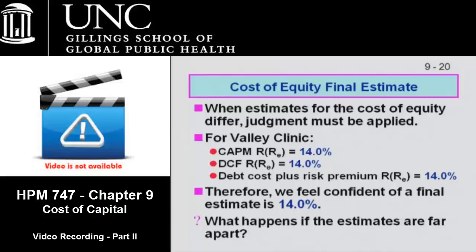If you have a lot of confidence that beta in the past is going to be similar to beta in the future, you may weight the CAPM higher than, say, certainly a back of the envelope approach like the debt cost plus risk premium method. So you have to use judgment in which of these approaches you're going to use.